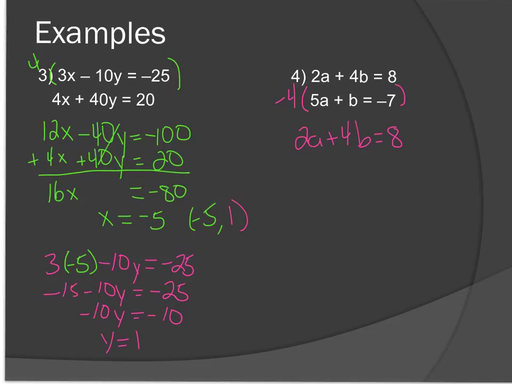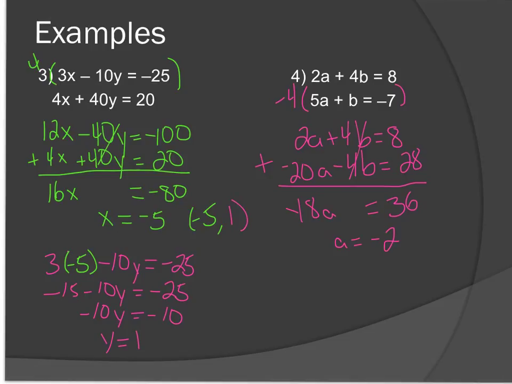And when I multiply the second one by negative 4, we get negative 20a minus 4b equals 28. Then we're going to add these two together. So negative 18a, our b's eliminate, equals 36. Divide by negative 18, so a equals negative 2.